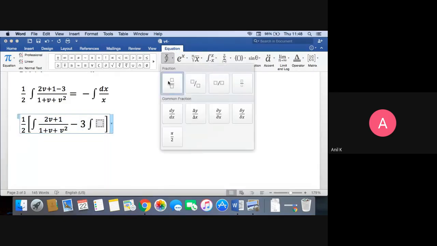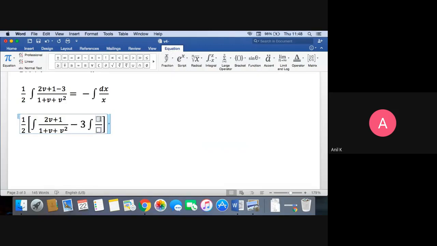I am separating the denominator for both the terms: 1 upon 1 plus v square.